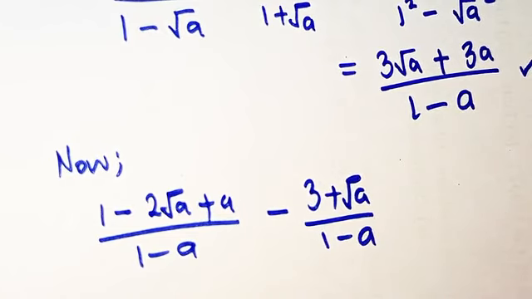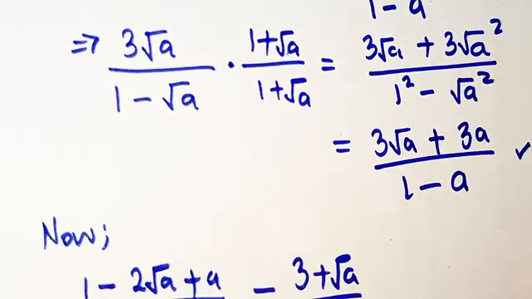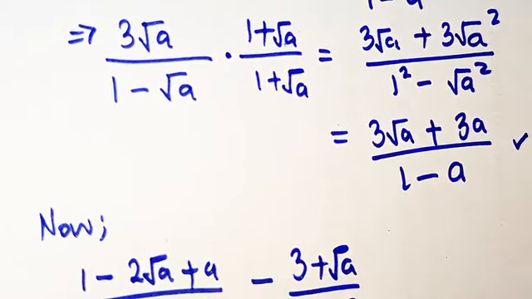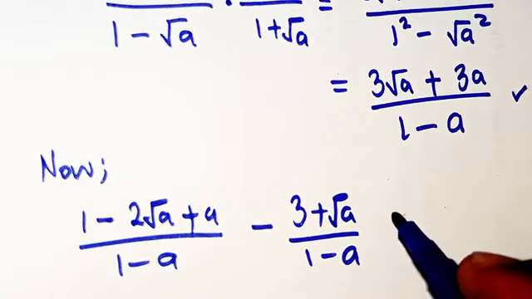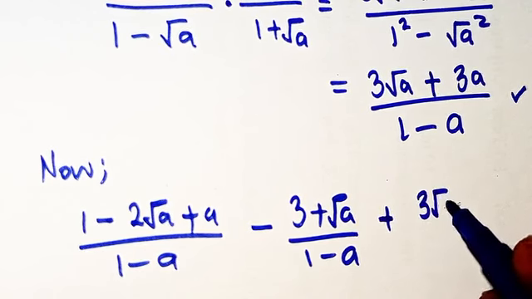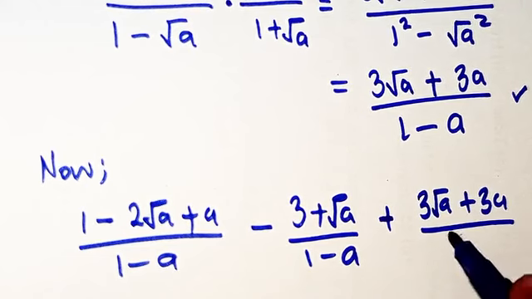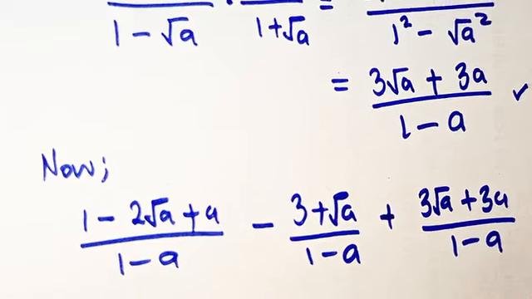Then the last one, which is 3 root a over this, has been simplified to plus 3 root a plus 3a all over 1 minus a. So this is interesting.